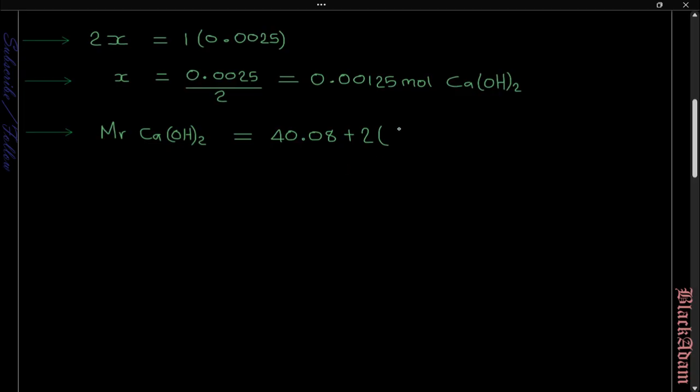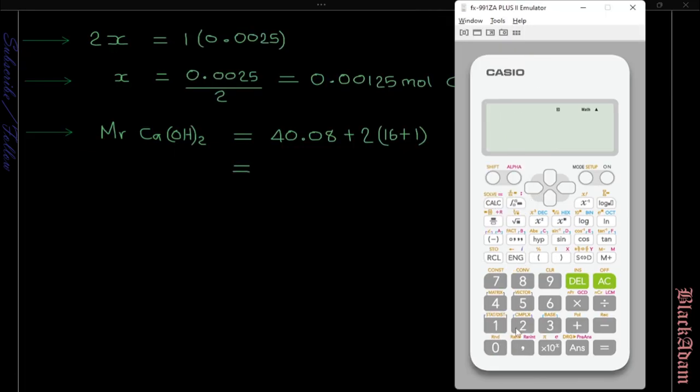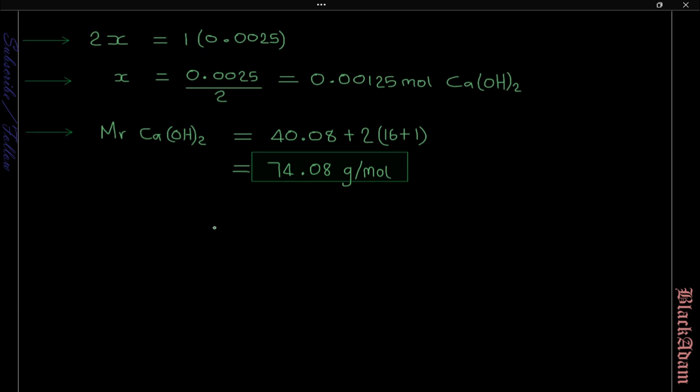My oxygen is 16 and hydrogen is 1, so that will give us 2 multiplied by 17, that's 34, plus 40.08, 74.08, so that gives us 74.08 gram per mole of what? Of calcium hydroxide, the base.